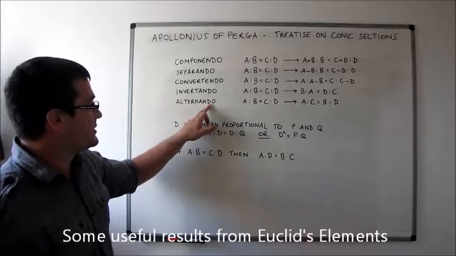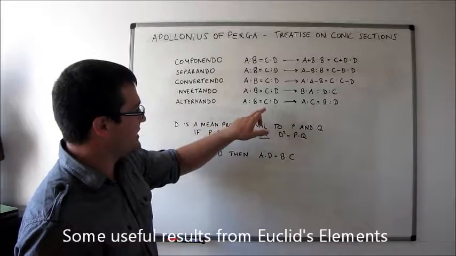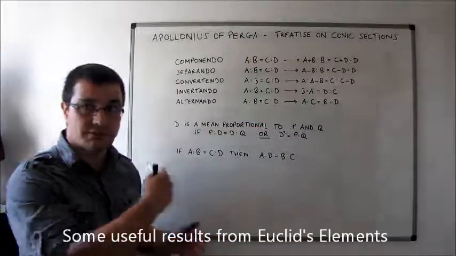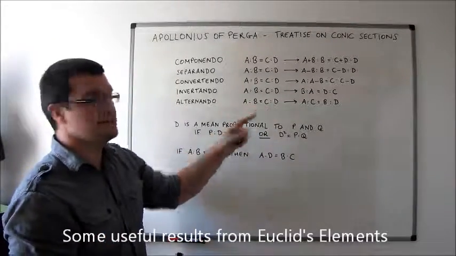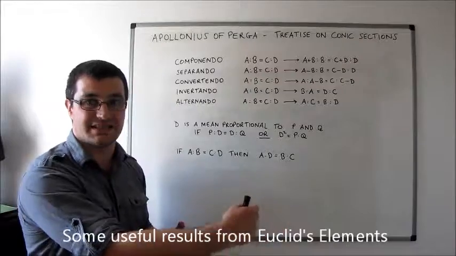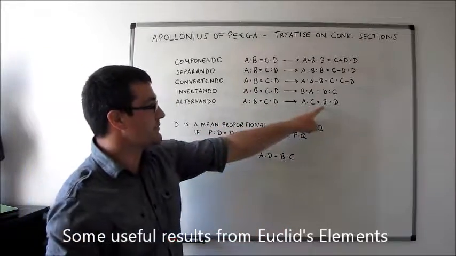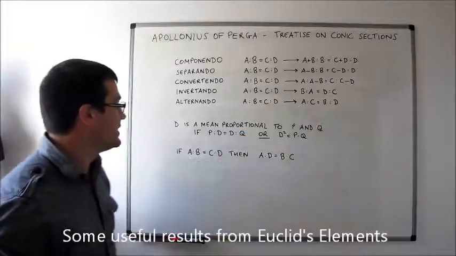And alternando means that I can switch these two around, so the consequent of the first ratio I can interchange with the antecedent of the second ratio, and again new ratios, but they're going to be equal.